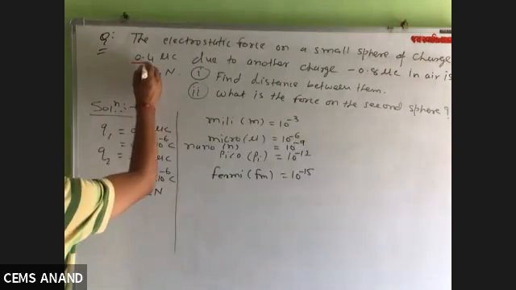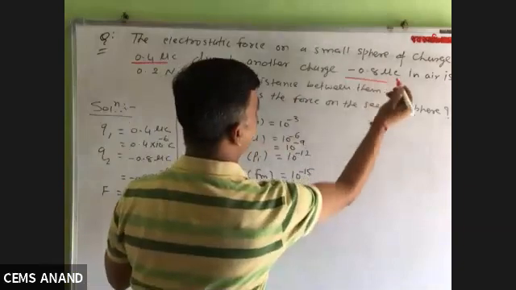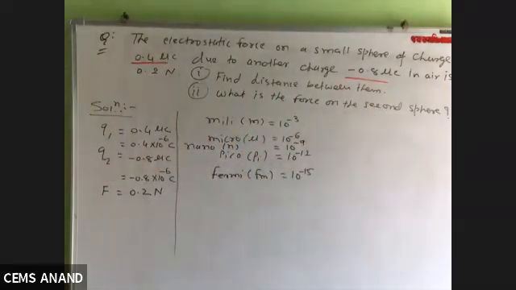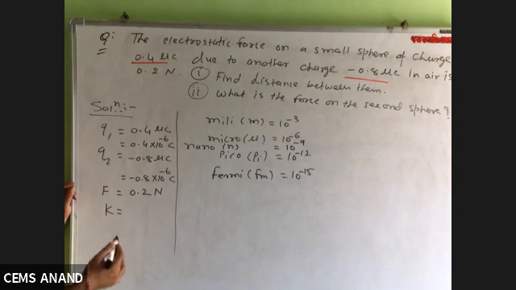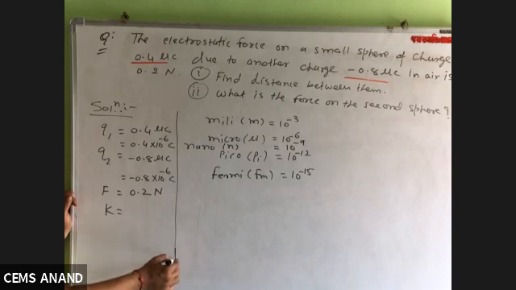The first one is positive and the second one is negative. So the attractive force will generate, right? What else we require? K. Write it down on your own. Now you remember that value. You are well known with it.